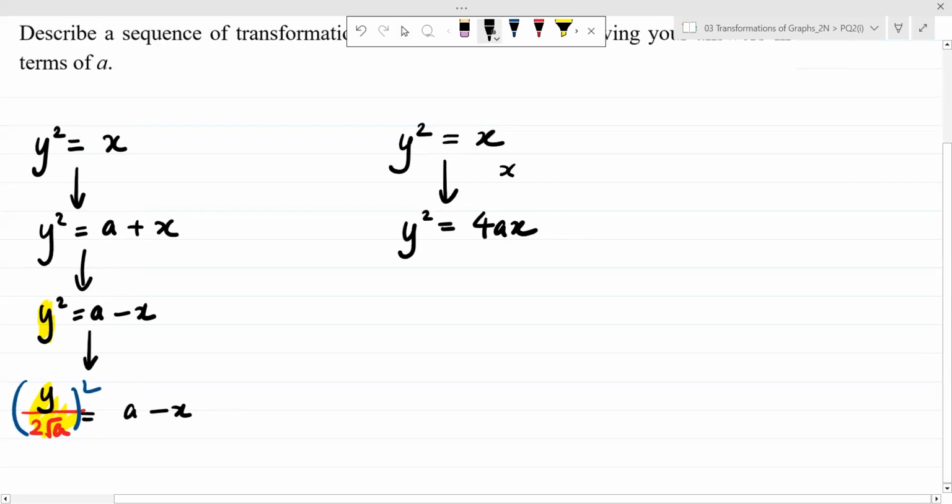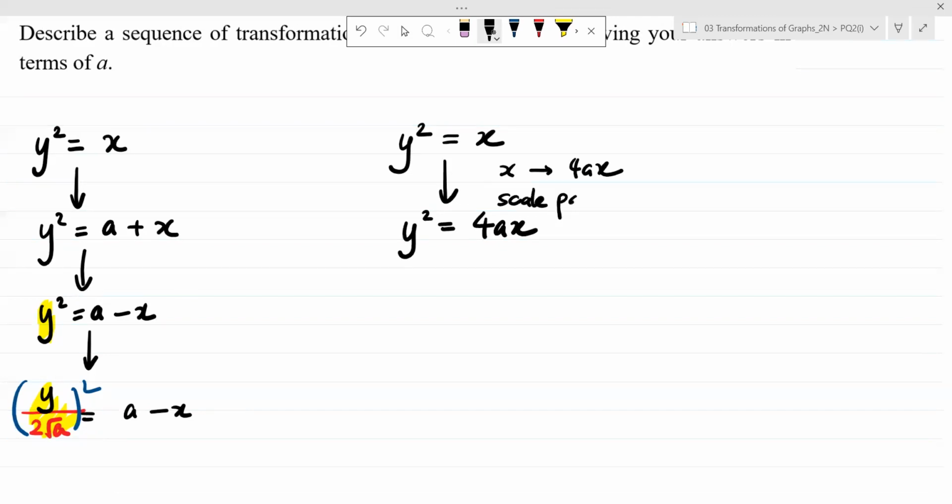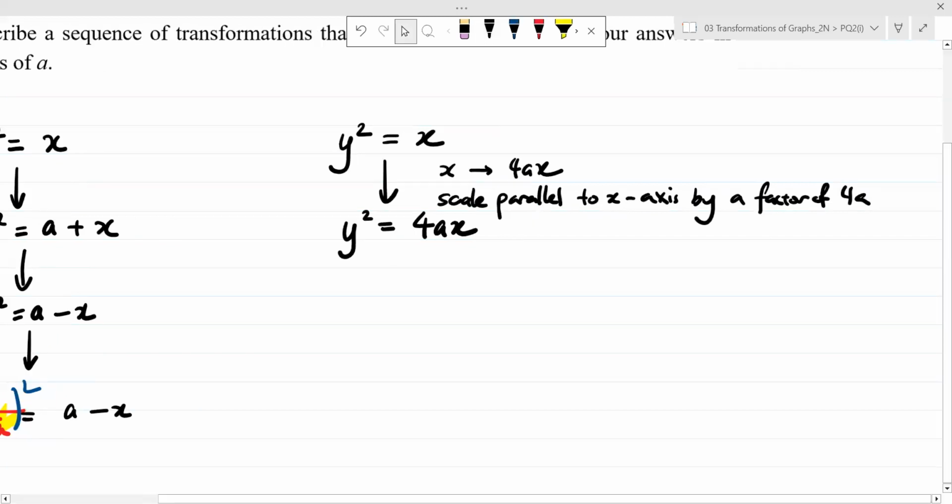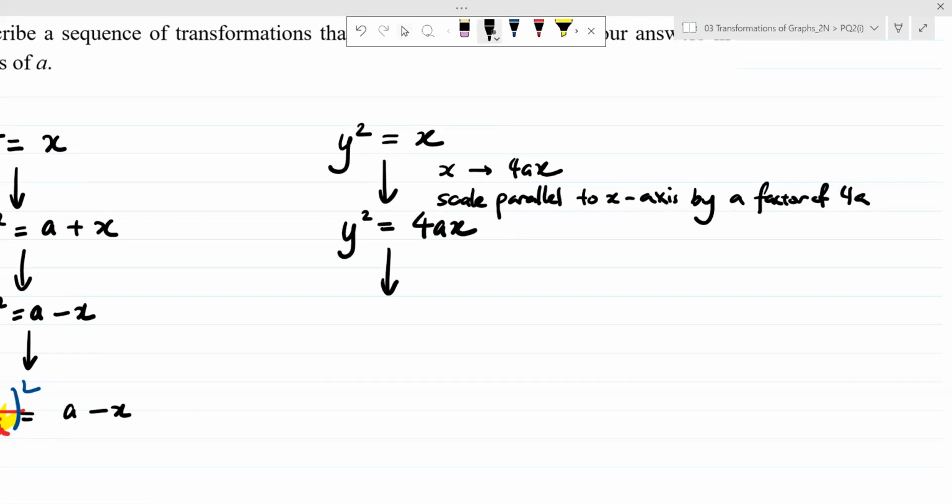So I replace x with 4ax. This is scaling parallel to x-axis by a factor of 4a. Then you replace your x with, not x minus a, x plus a is the easier way.